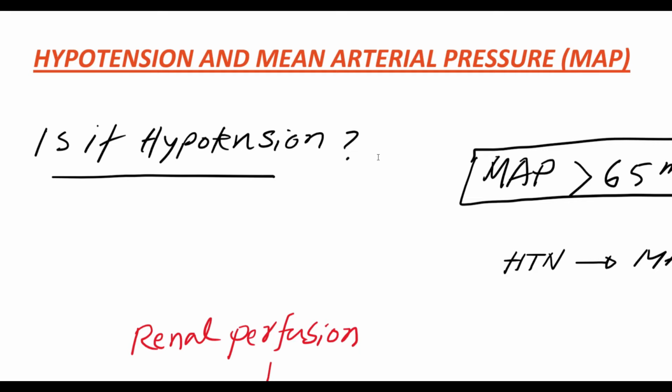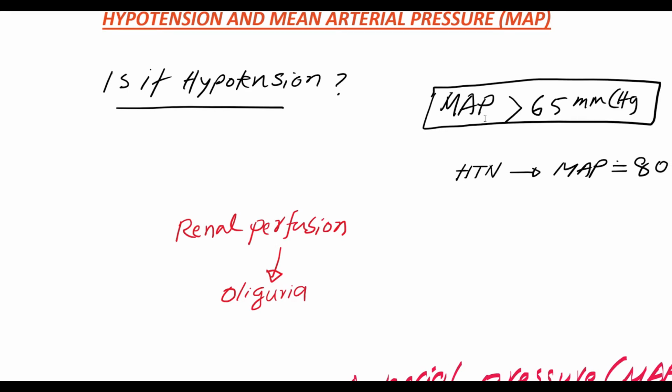So there should be a clear conception, and for this purpose, to make you clear about hypotension, today's short video. When we find that mean arterial pressure is more than 65 mm of mercury, then it should not be called hypotensive, because to maintain tissue perfusion, mean arterial pressure should be more than 65 mm of mercury, most importantly to maintain the renal perfusion.